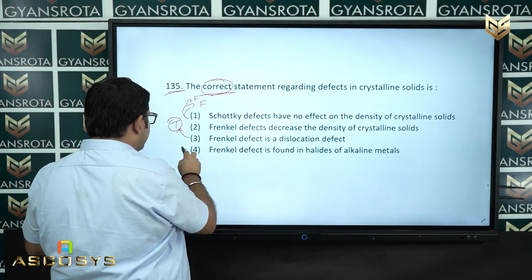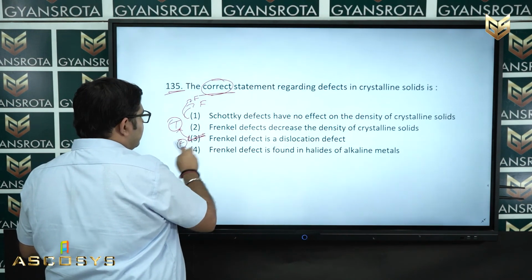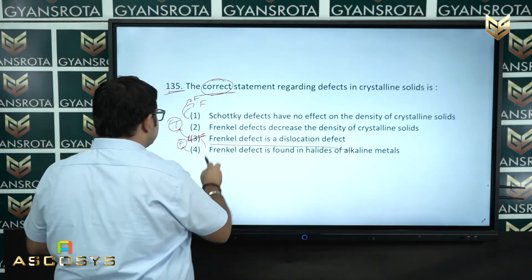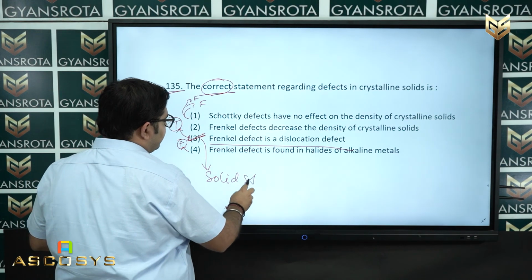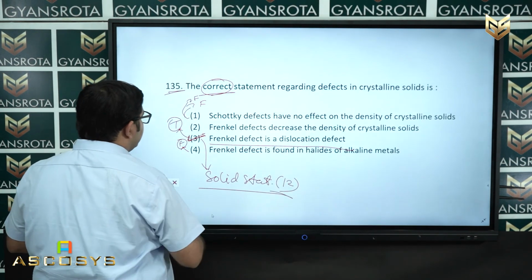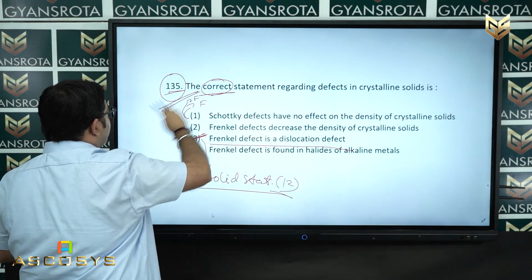So, this is also a false statement. So, option number 3, Frenkel defect is a dislocation defect, and you have to find these things in the solid state chapter of your class 12 NCERT. Okay. So, option number 3 is the correct answer of your question number 135.